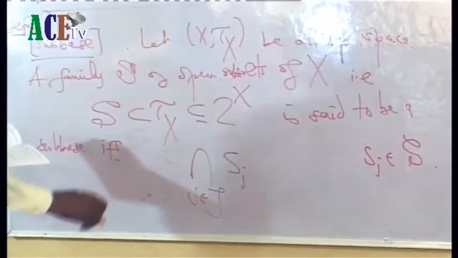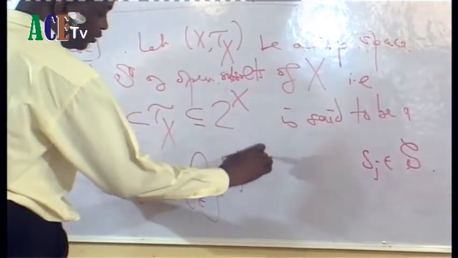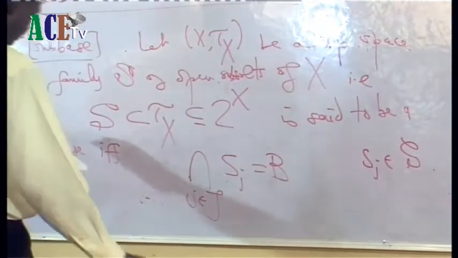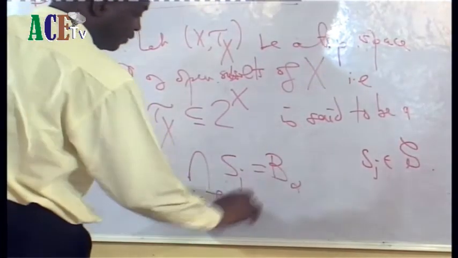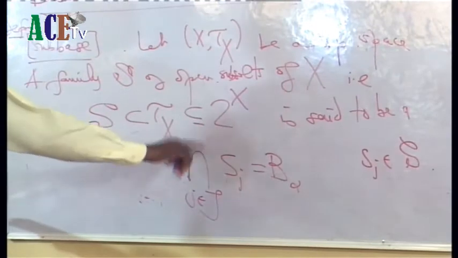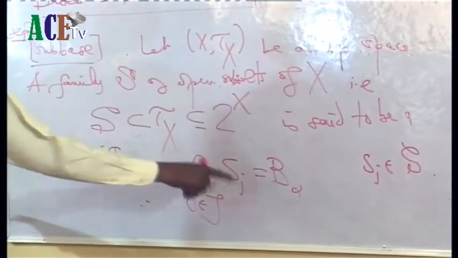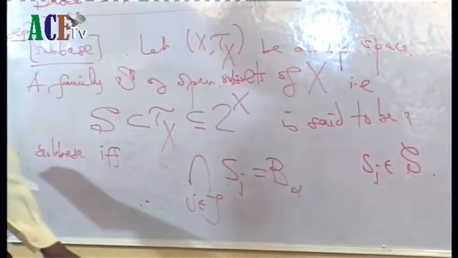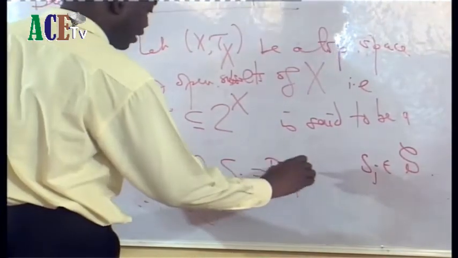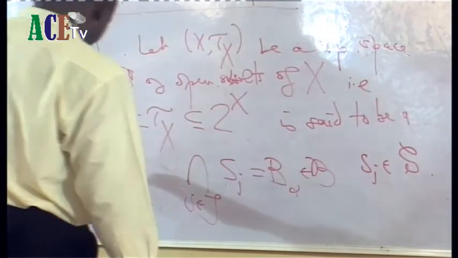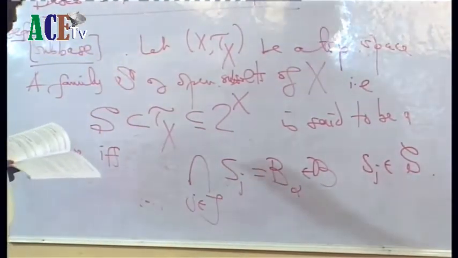So if you can write the intersection of subsets of the open set to be equal to this, then this actually is what? A sub-base.